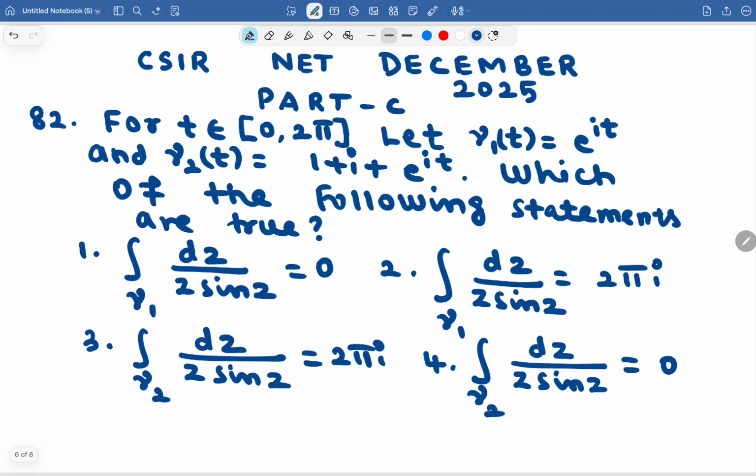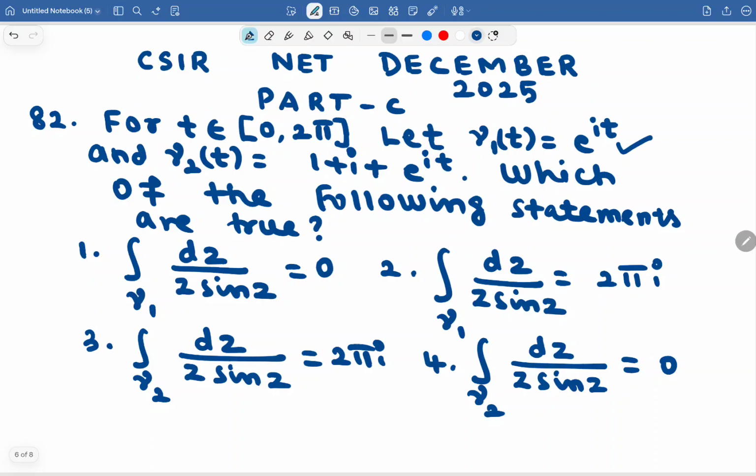For t belongs to [0, 2π], let γ1(t) = e^(it) and γ2(t) = 1 + i + e^(it). Which of the following statements are true over γ1 and γ2?